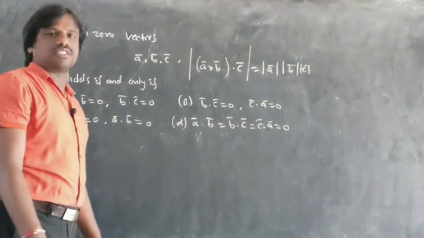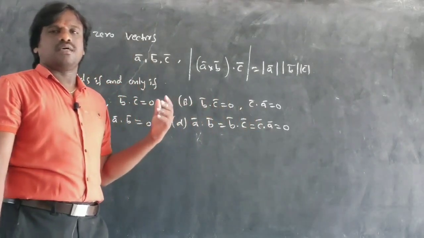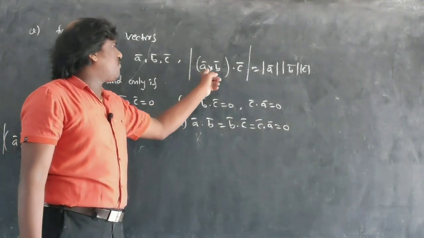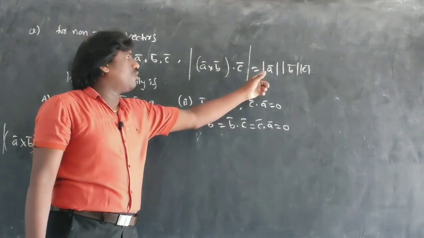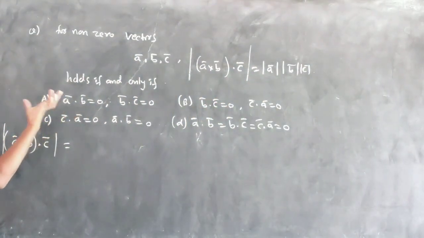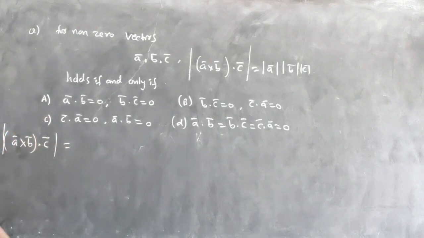A question which belongs again to the scalar triple product. For non-zero vectors a vector, b vector, c vector, the modulus of a cross b dot c is equal to mod a mod b mod c holds if and only if. There are 4 options given, we have to find. Now I will explain how to express a cross b dot c.